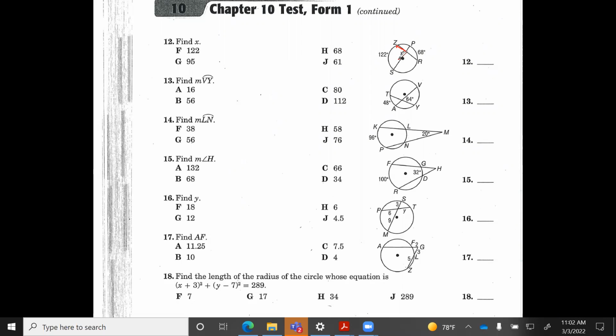We know that it shares the same measure as the angle on the other side of it. They each have an intercepted arc. We have to do something with those two arcs. The formula.